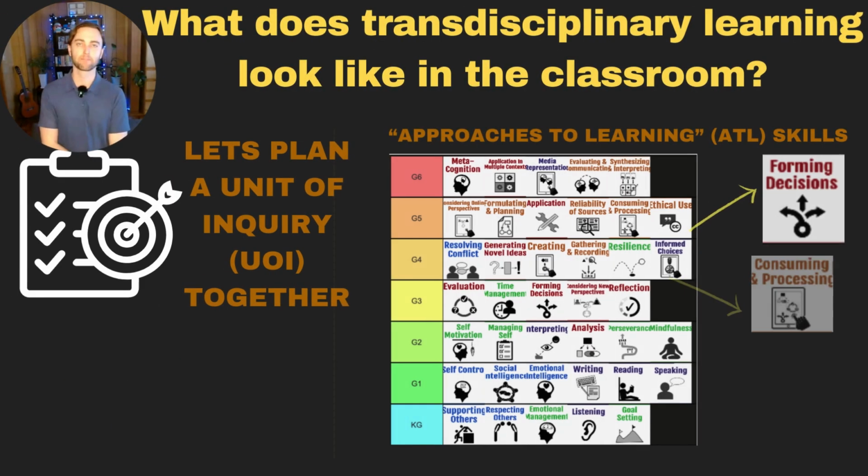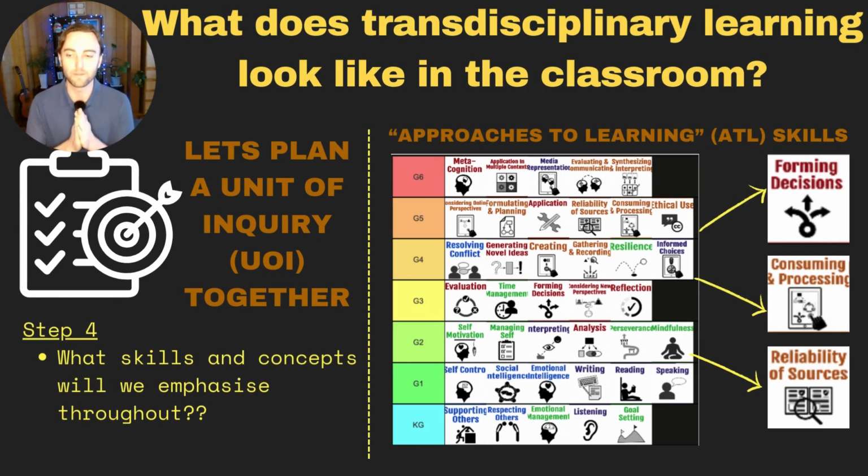Okay. All right. We've come to step number 4, and this is what I think is the secret sauce in the PYP. These are the approaches to learning, or the ATL skills. It's a lot of them, but these are the skills that are really transferable to any topic that students ever come across. These are the skills that students are repeating each and every day throughout their learning.